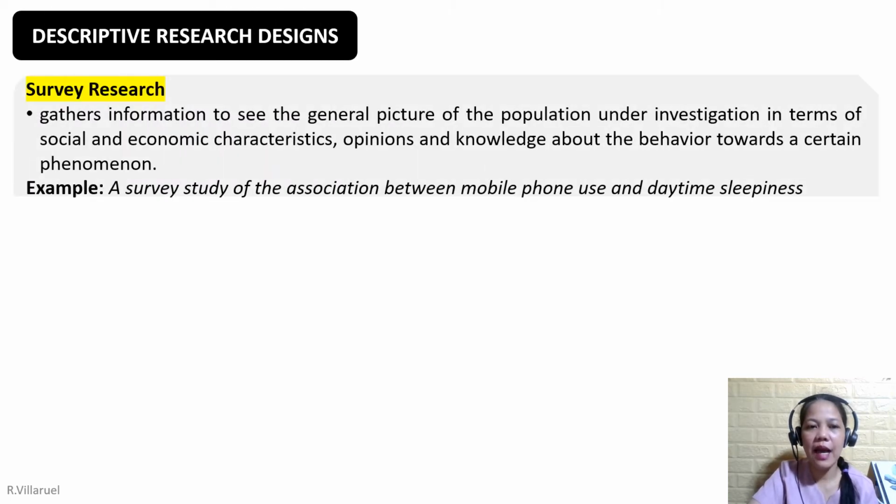May iba't ibang uri rin ang descriptive research designs. Kaya lang, ang makikita nyo dito ay ang mga madalas na gamitin lamang. First, we have survey research. It gathers information to see the general picture of the population under investigation in terms of social and economic characteristics, opinions, and knowledge about the behavior towards a certain phenomenon.